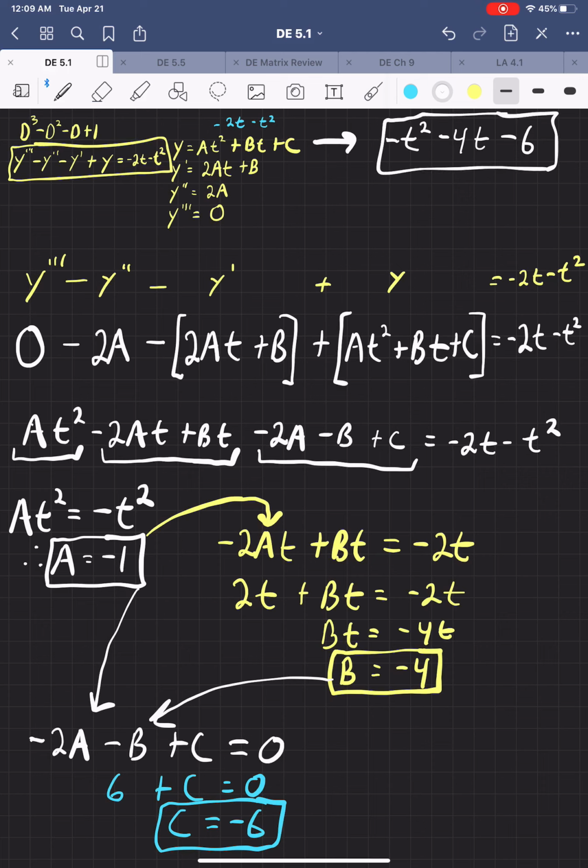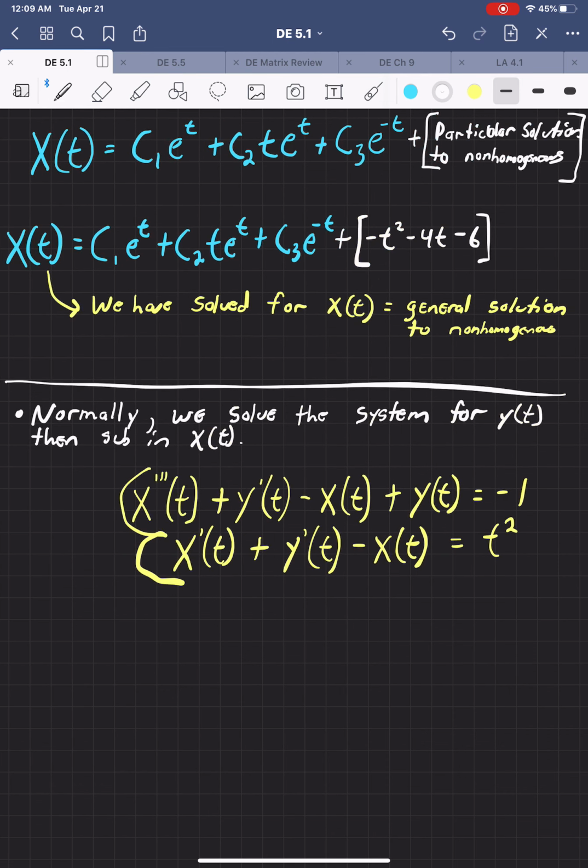Now, what is that? That is the particular solution to the non-homogeneous part. So that's the part that I'm going to have to add back in. Okay? So let me grab that.